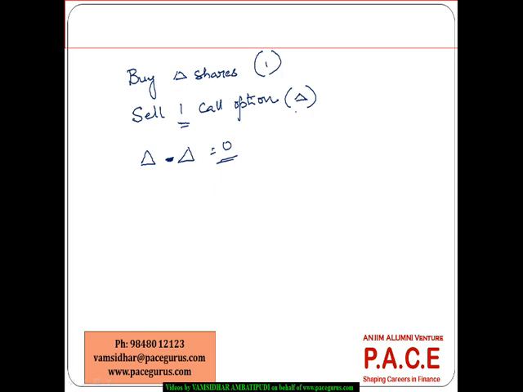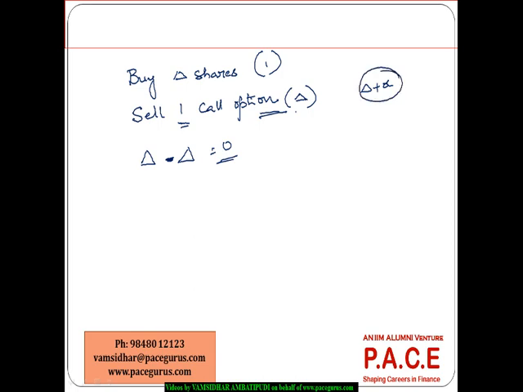I can think of many such mechanisms to make the portfolio delta neutral. But now the call option's delta might become delta plus x for a very large change in the underlying price.